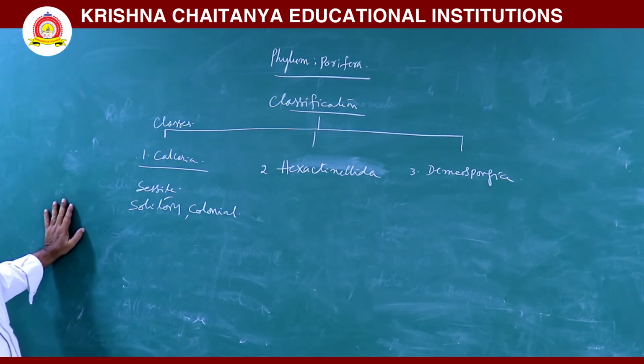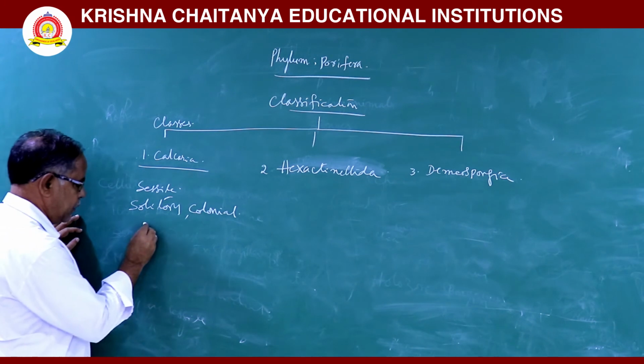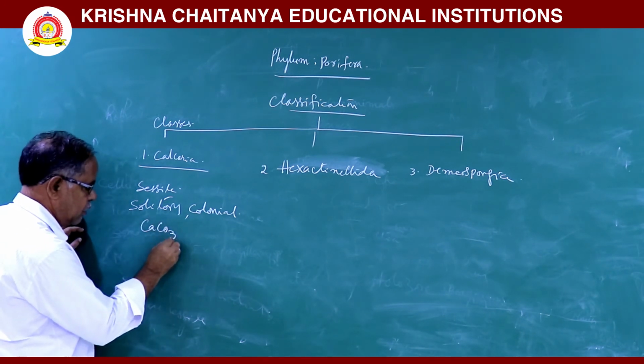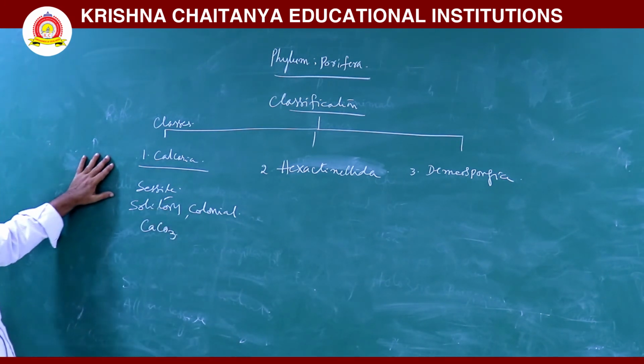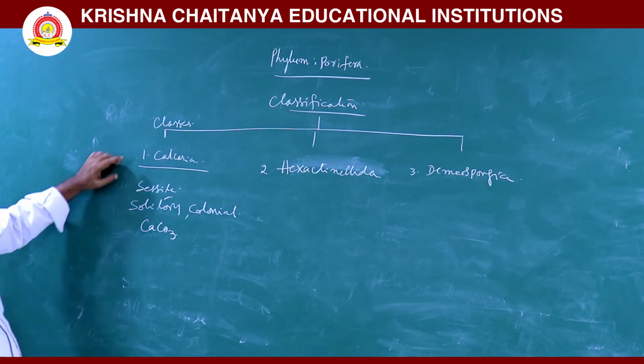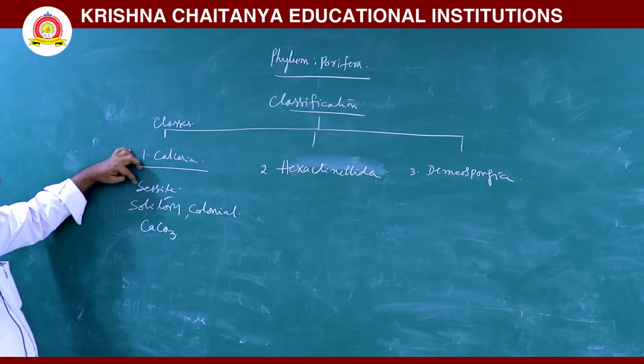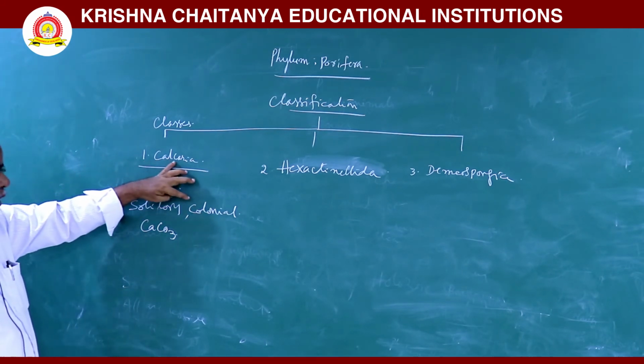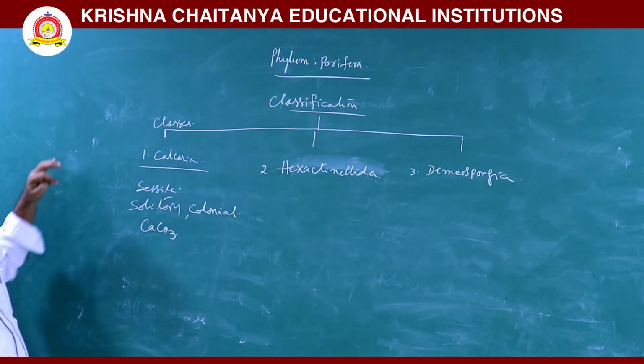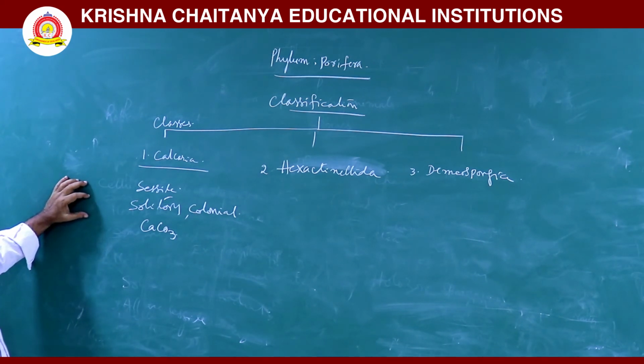Next, here the spicules are made up of calcium carbonate. In Calcarea, all are sessile, some are solitary, some are colonial form. The spicules are made up of calcium carbonate.